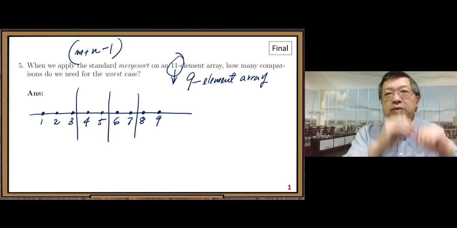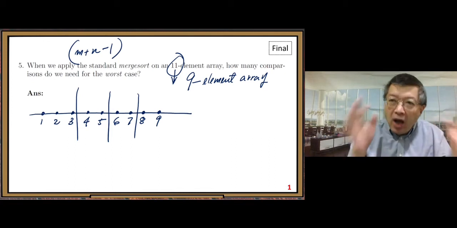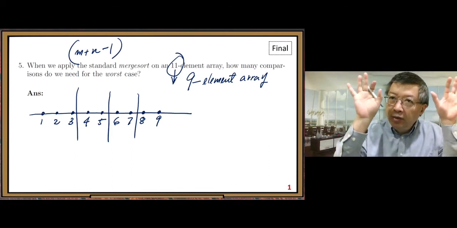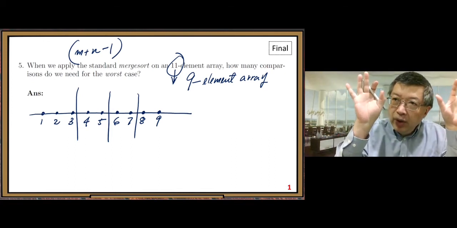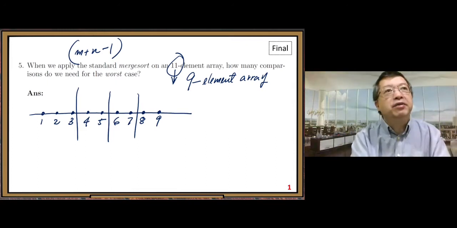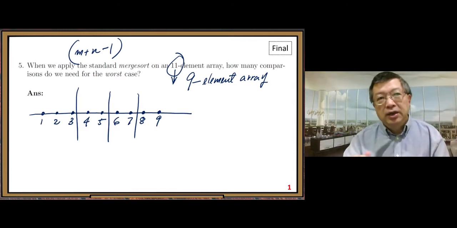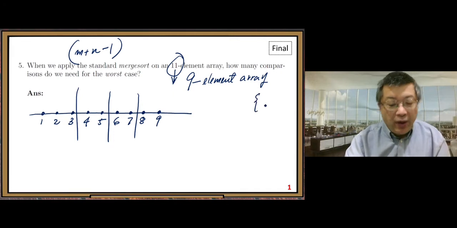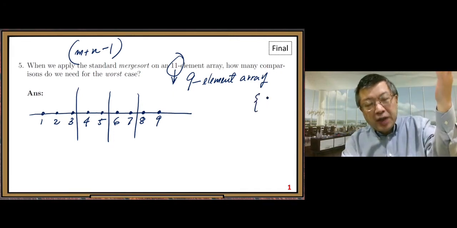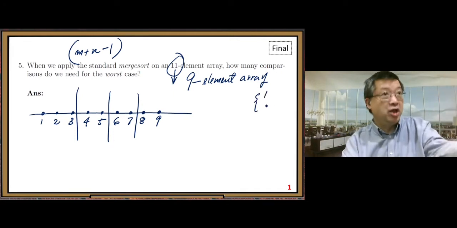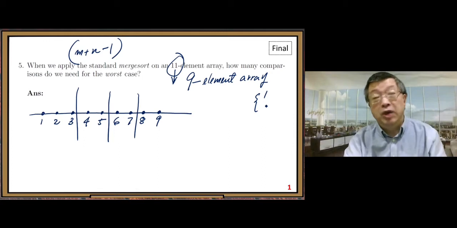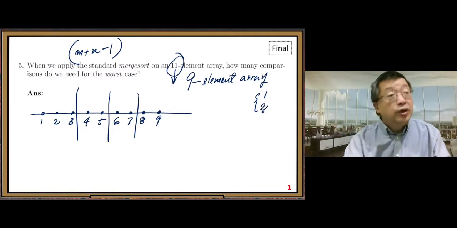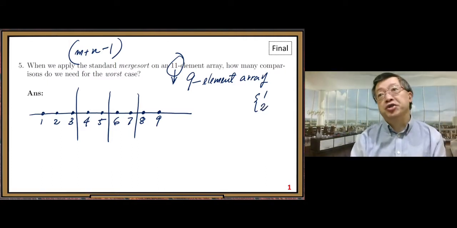when do we stop? What is the termination condition? If the array size is 1, we should stop, only 1 element. Another case we can consider: 2 elements, we can also stop.